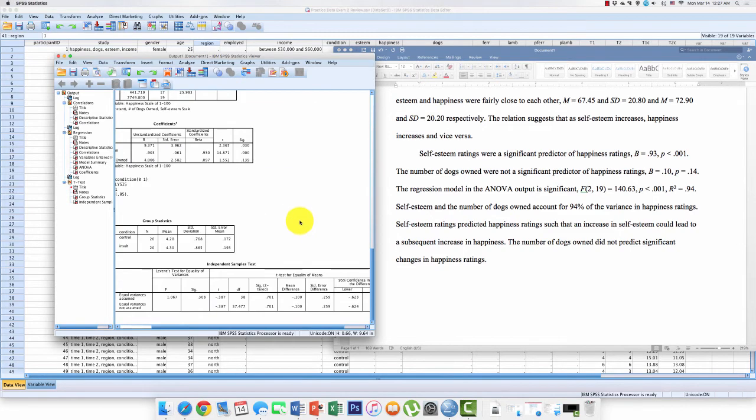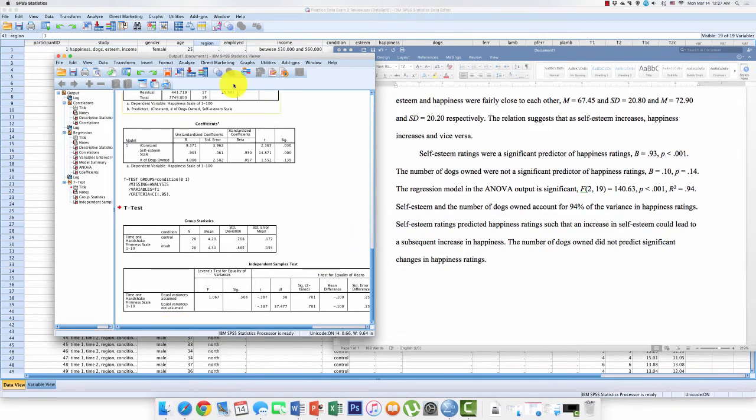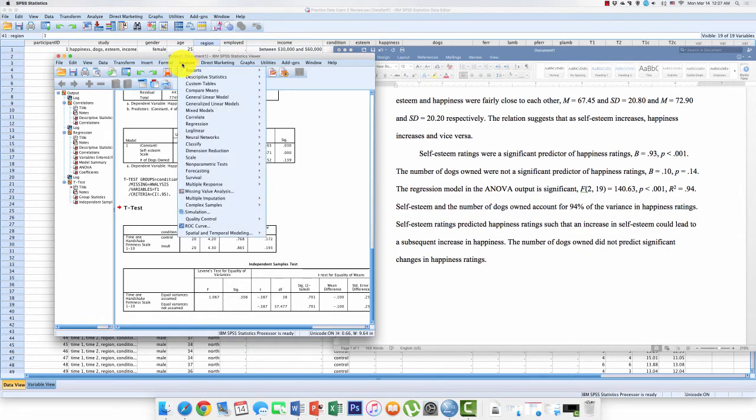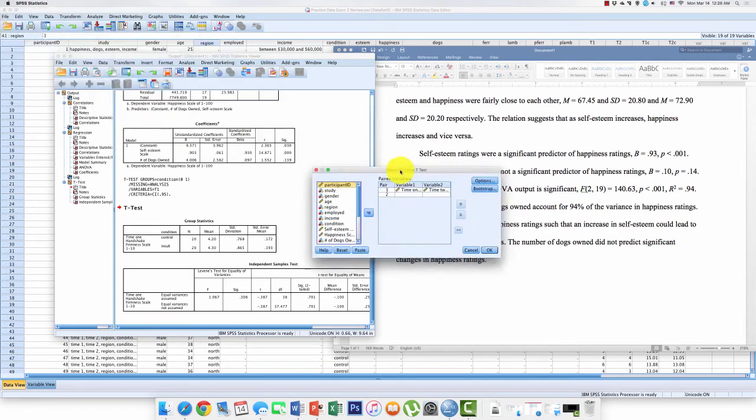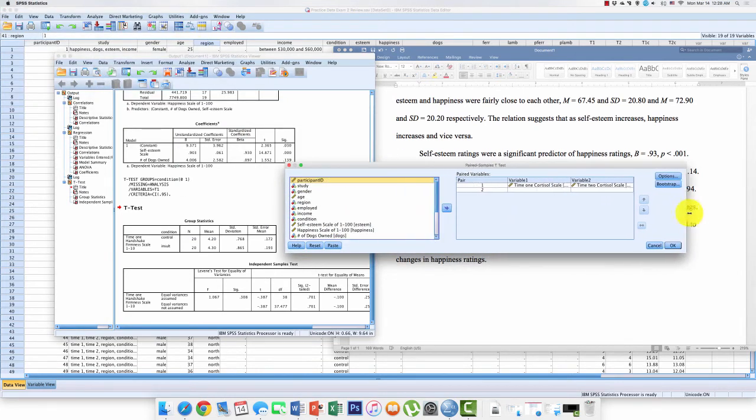Okay, so I'm gonna finish all the t-test outputs, and then I'm gonna write the interpretation. So now we're gonna do time 1 and time 2. To do that, you go to compare means, paired samples t-test, and we're gonna move these over here.